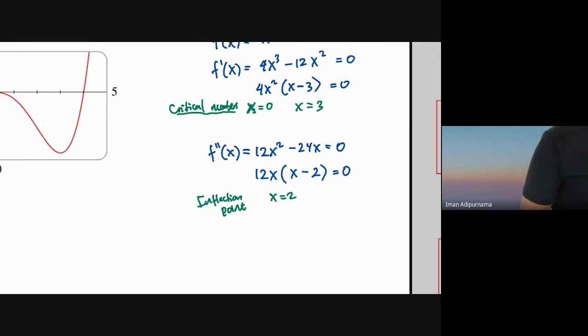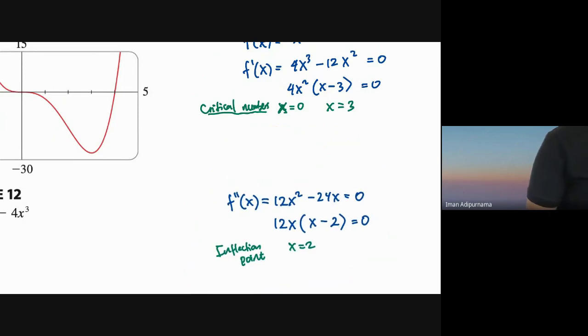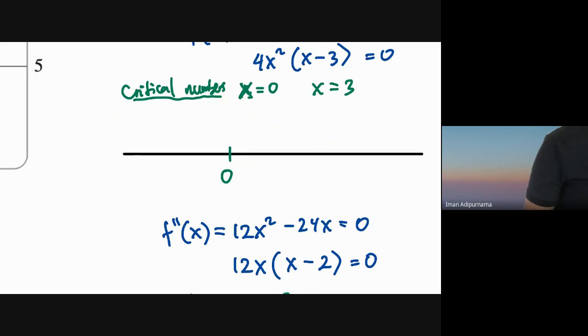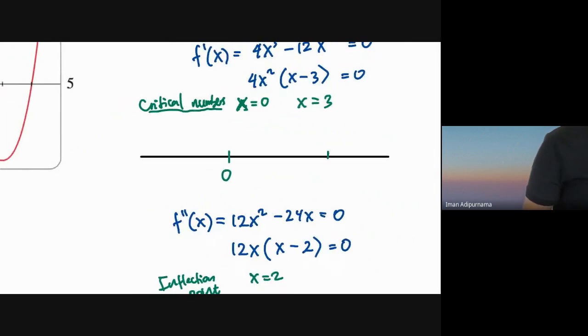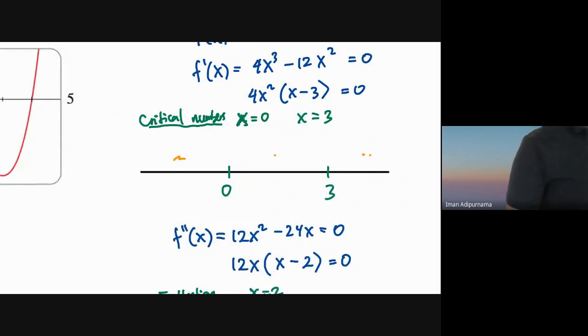Both of these you can check with a number line to see positive or negative. Giving 0 and 3, checking a number here, checking number 1, what will it be? It will be negative, right? It will be negative here.